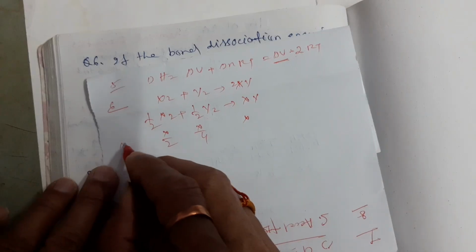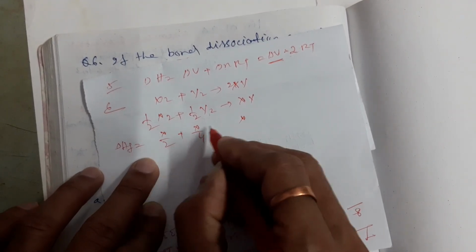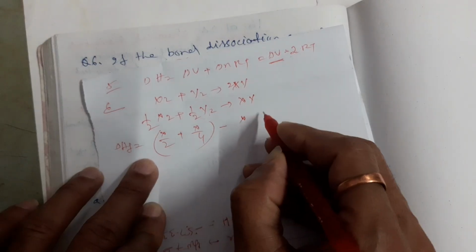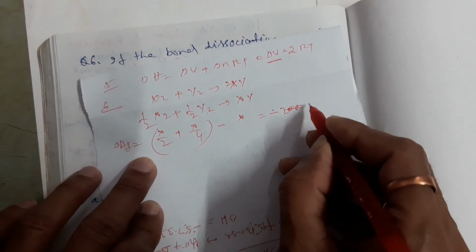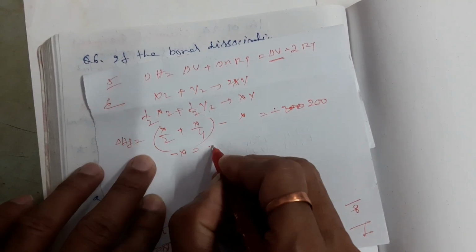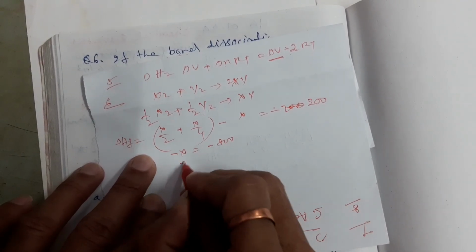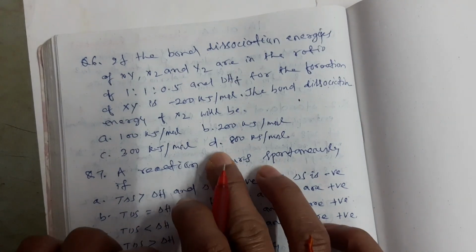So delta H formation, this is plus and this minus, giving you minus 200. By solving this, you will get minus X is equal to minus 800, so X is equal to 800. So choice D is the correct answer.